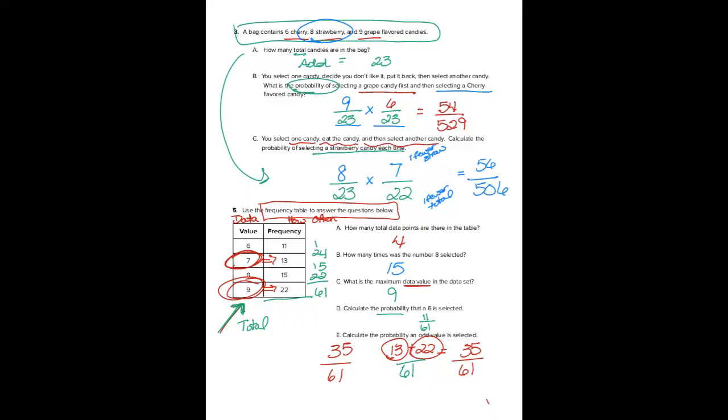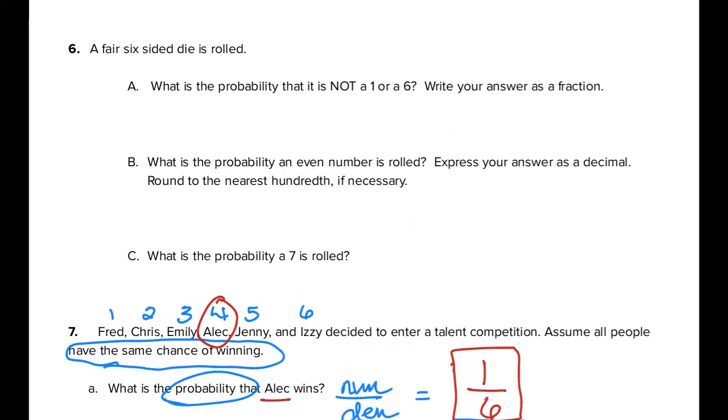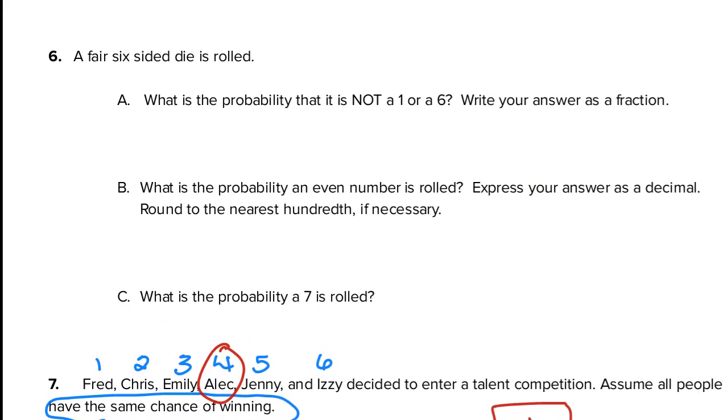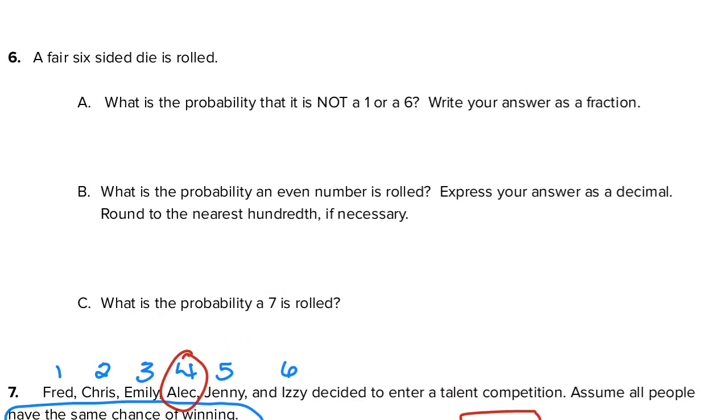Question 6. All right. A fair 6-sided die is rolled. So fair just means it's not a trick die, it's just a regular die, okay? What's the probability that it is not a 1 or a 6?